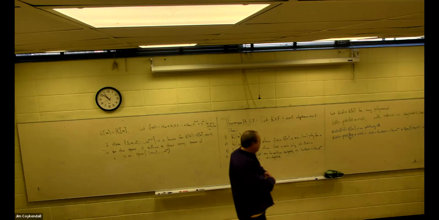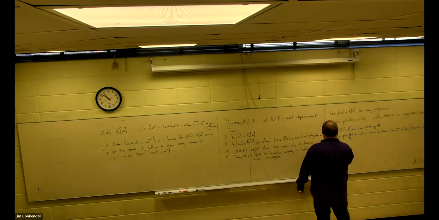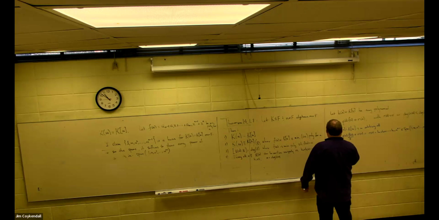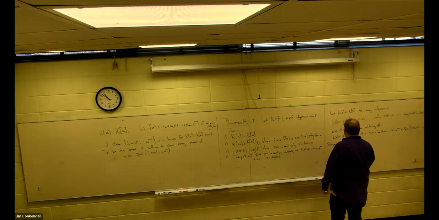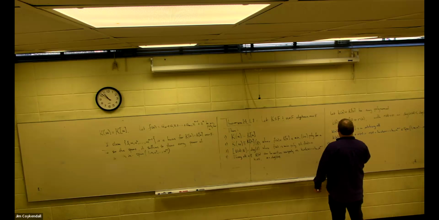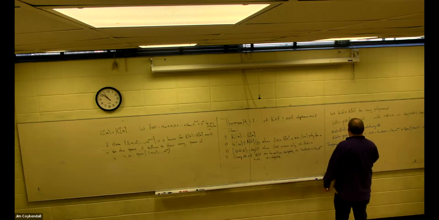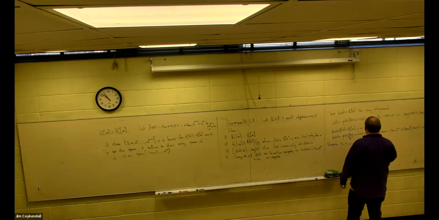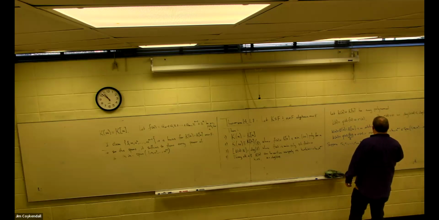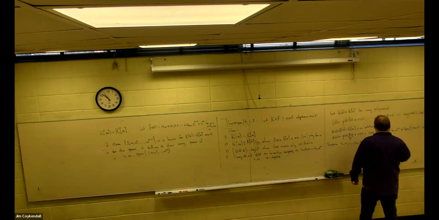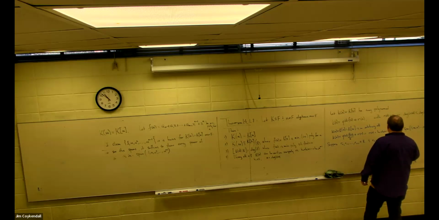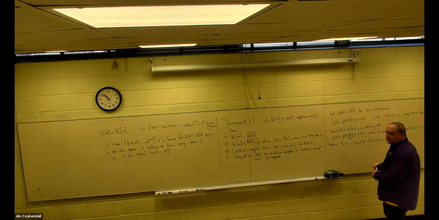And this one's easier. So suppose r0, r1, up to r_(n-1) are in K, and r0 plus r1u plus r2u squared plus up to r_(n-1)u^(n-1) is equal to 0.